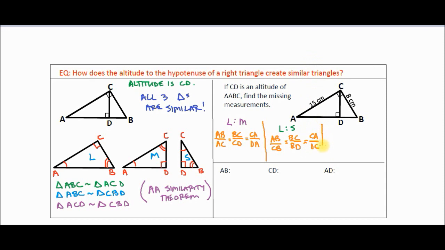Let's go ahead and draw a line there. And now let's go ahead and compare medium to small. So medium to small, that's the purple down here. Let's go ahead and write our proportionality statement. AC over CB is equal to CD over BD, which is equal to DA over DC.